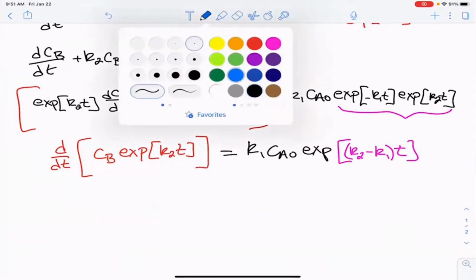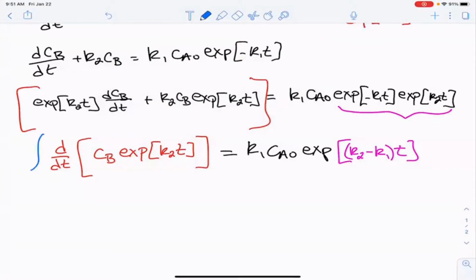Now we can integrate those. We're going to integrate the left term from CB0, which we already know from the problem statement is 0, to the value of this at some time in the future, which is just CB times the exponent of k2t. And then we integrate the right-hand side from 0 to t.